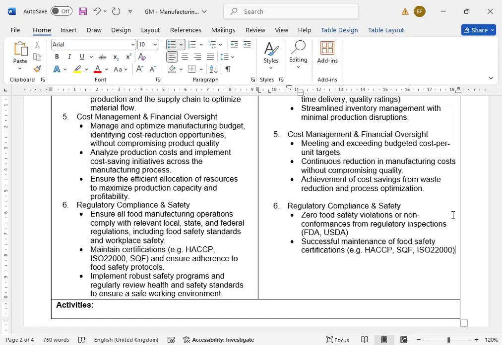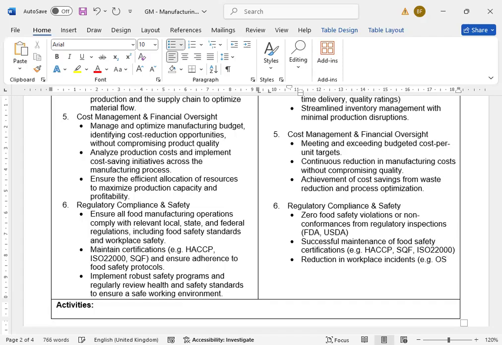What else do I need to include here in our success indicators for number 6, regulatory compliance and safety? This is also important: reduction in workplace incidents, for example OSHA.